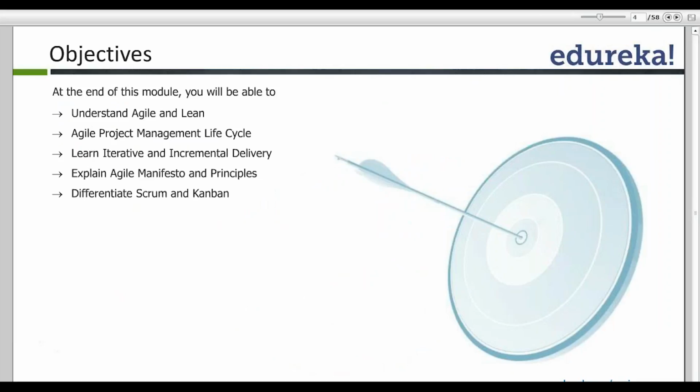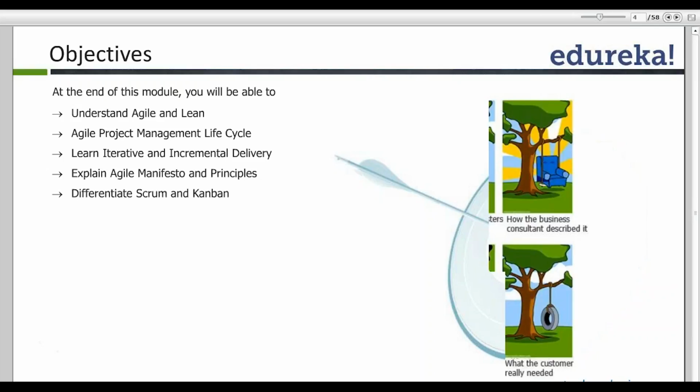What is the concept behind iterative and incremental delivery? We always say that Agile projects follow an iterative and incremental model, so we'll talk about that. What are the key principles behind the Agile manifesto, and what are the key Agile principles? And what is the differentiation between Scrum and Kanban? That is our course content for this module.